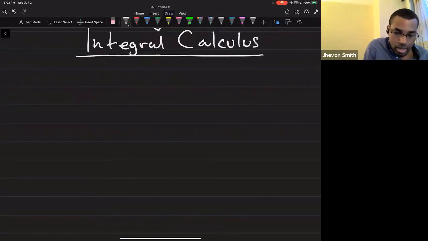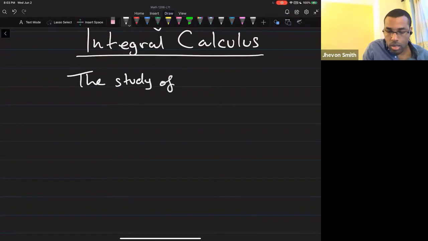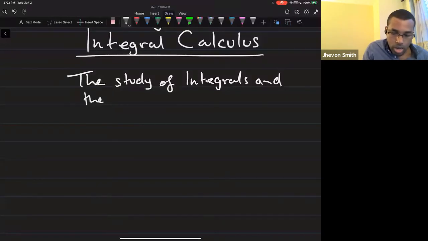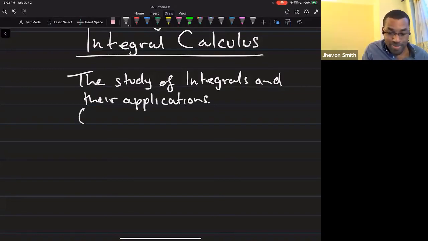So this is the study of integrals and their applications. In Calc 1, we'll introduce them, but not spend a lot of time on them.